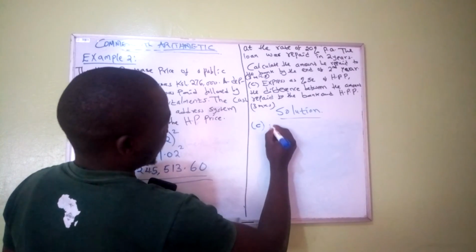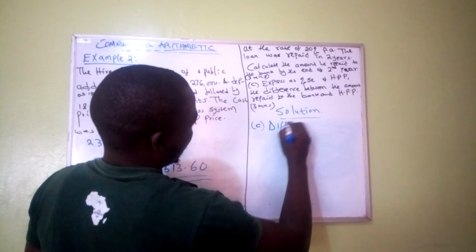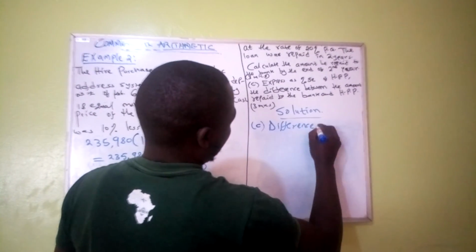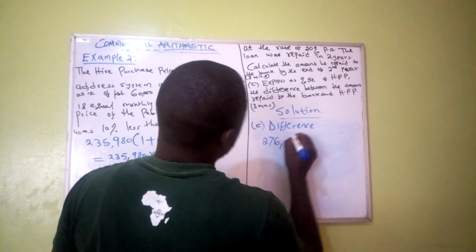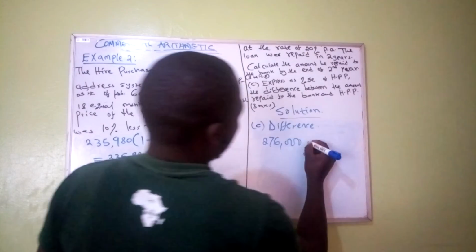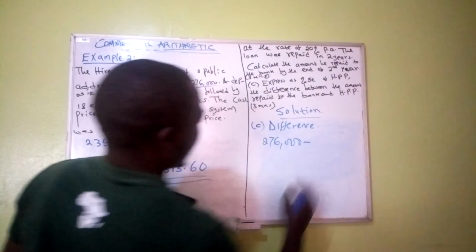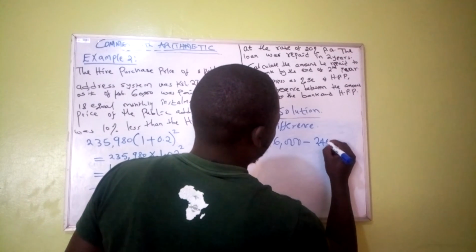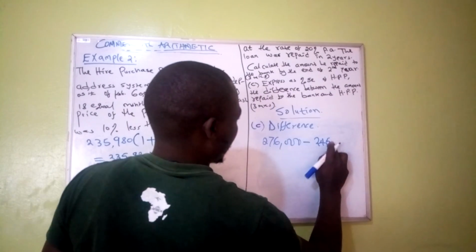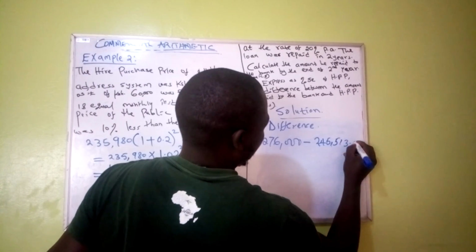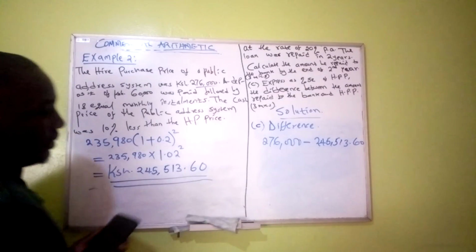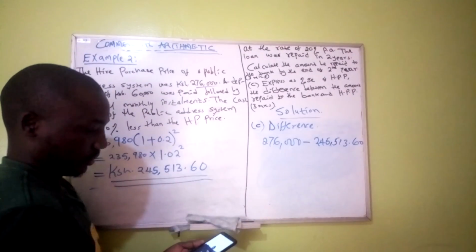That is the difference: 276,000, that is the hire purchase price, minus 245,513 and 60 cents.